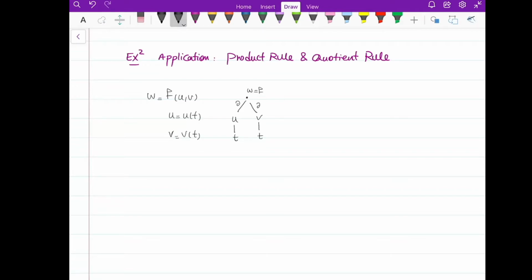I have partials here because f is a function of just two variables, and then I have d here. Now df/dt, because f at the end of the day is a function of just one variable t. So it would be the partial of f with respect to u, times du/dt, plus the partial of f with respect to v, times dv/dt.